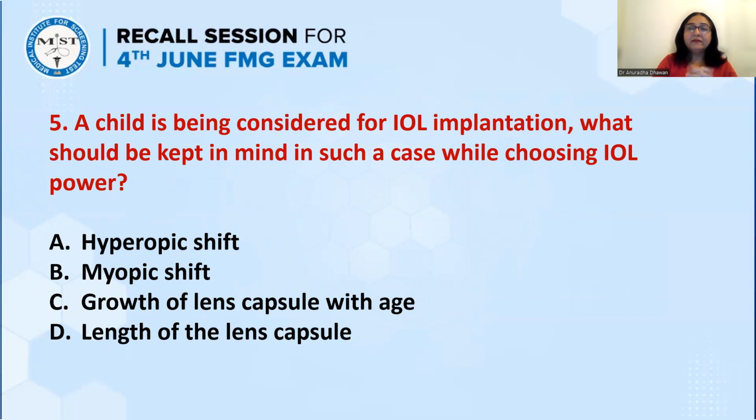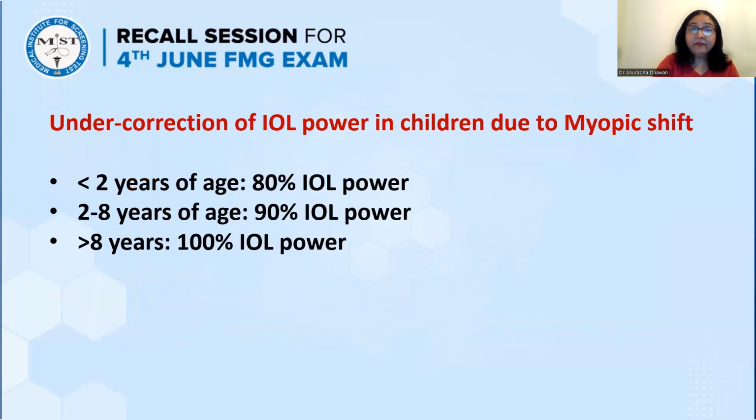Okay. The choices which were given were hyperopic shift, myopic shift, growth of the lens capsule with the age, length of the lens capsule. Now we know that when we do intraocular lens implantation for adults, we use a formula to calculate the IOL power. Now, what is different in a child? That was being asked. Now, if you see, a child is born with a small eyeball, hypermetropic.